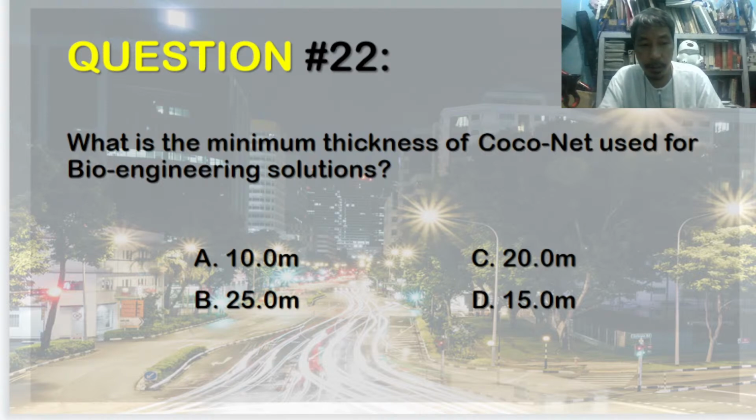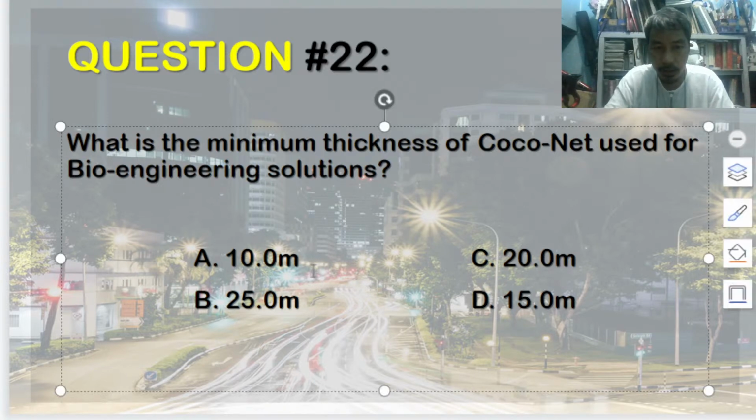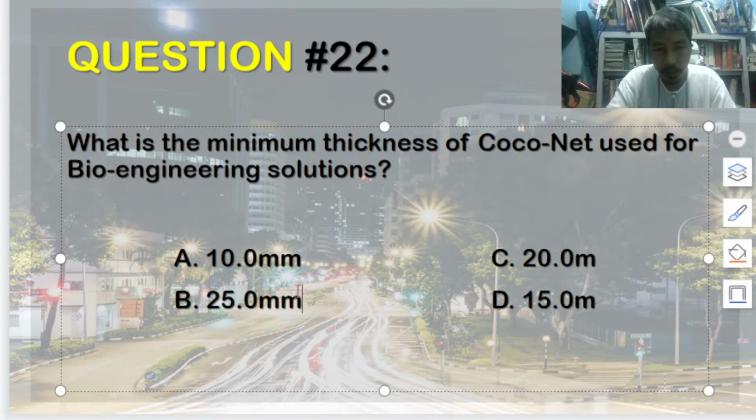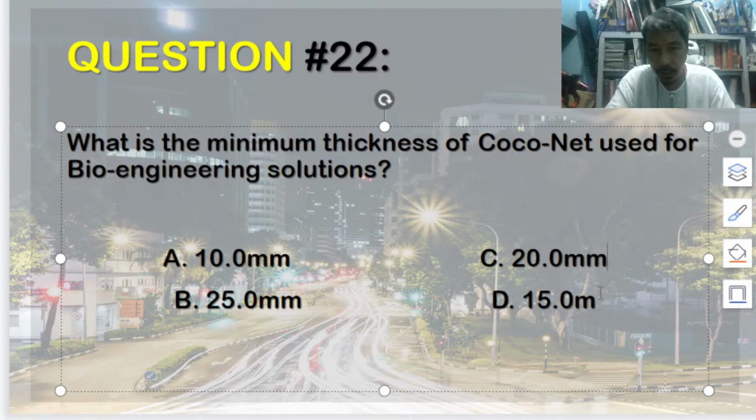So referring to thickness, but look at the choices. They have the same choices. Letter A, 10 meters. Thickness cannot be 10 meters. That is mm, not meters. So I will change this to correct it. Let us edit this. This must be A, 10 mm, B, 25 mm, C, 20 mm, D, 15 mm.